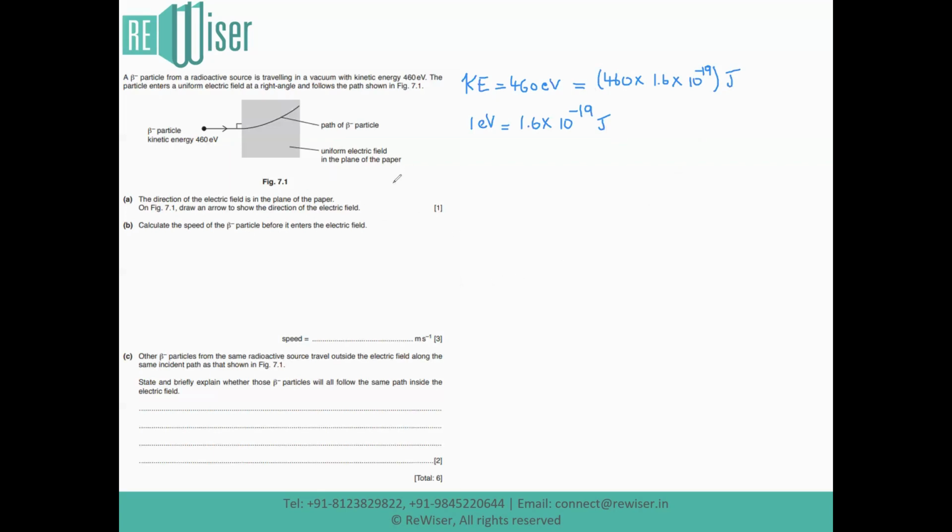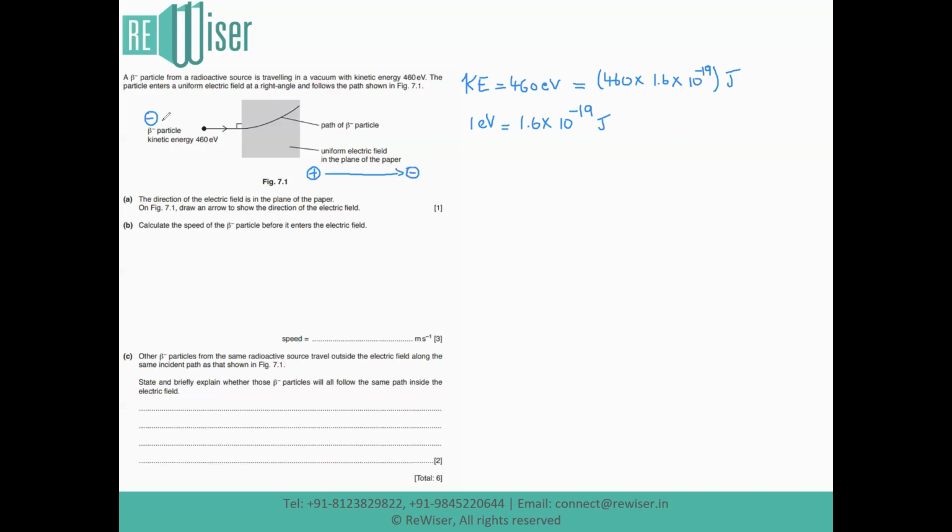Now they're asking us to show the direction of electric field. A beta minus, as indicated, is a negatively charged particle. We know that negatively charged particles are deflected such that they always go in the opposite direction of the electric field. Electric field is generally taken to be directed from positive to negative.